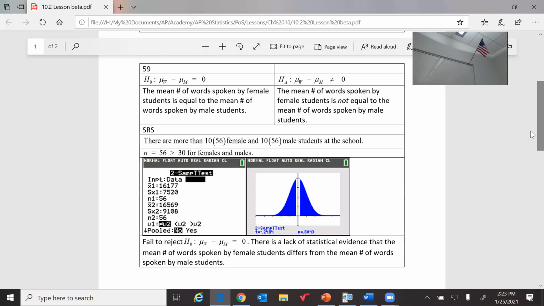So therefore, when we go to the confidence interval, what's going to be there? Zero has to be in there because we failed to reject the null. And the null is the difference is zero. So when we go to stat test 0, we don't have to reload this data.